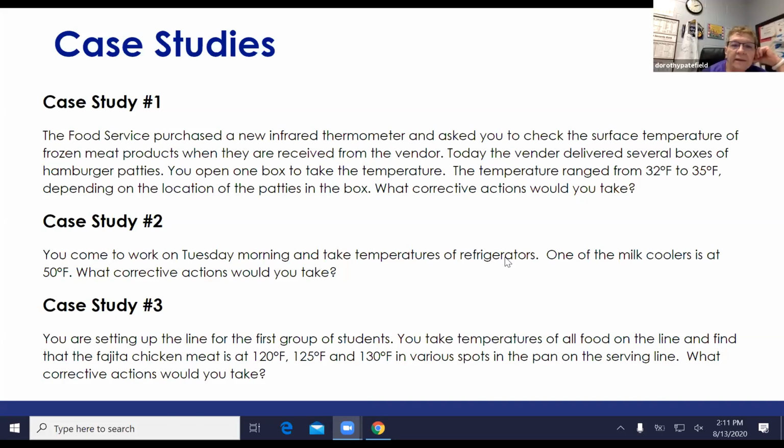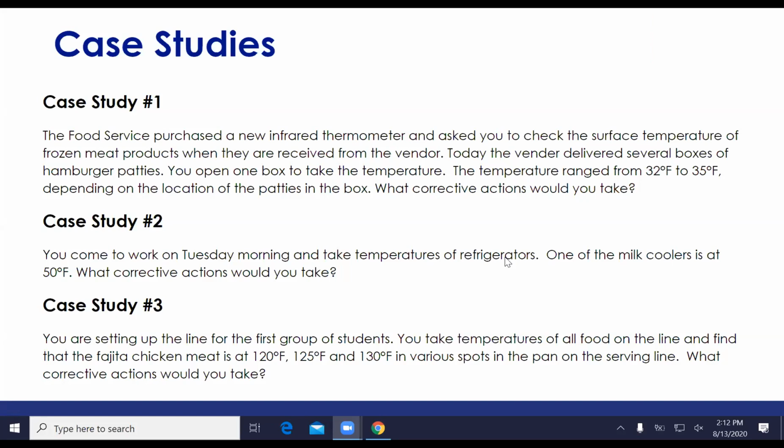Put it back in and heat it up to 165. Very good, yes. And then check your temperatures of your holding equipment. If you had it in the oven and you only had it at 150, maybe your low temperature is not working. So you need to be checking the temperature of your ovens.